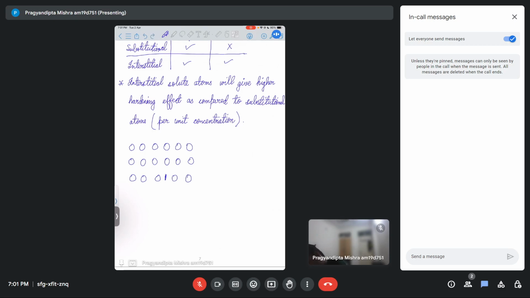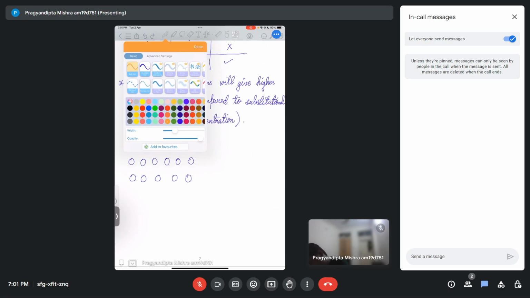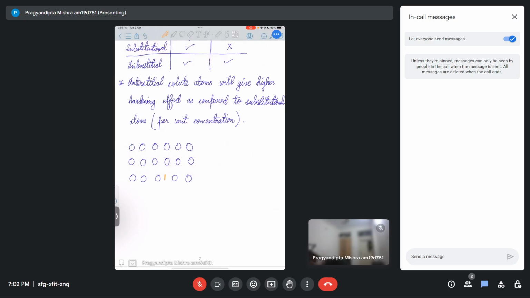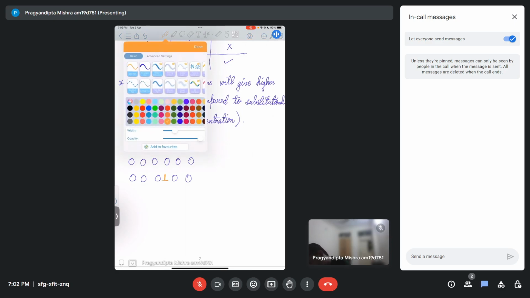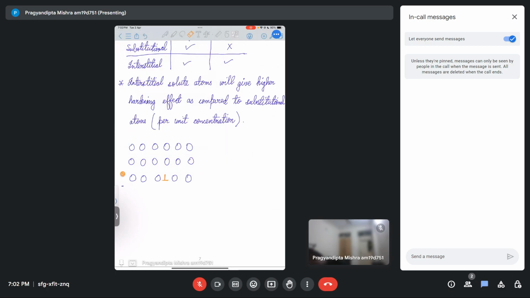Let me use a different pen. Beyond this, all the other layers I also have. So I'm looking at edge dislocation, and we are having a dislocation present here. Now, what is happening in and around the dislocation? If this is my dislocation, what kind of fields will I be seeing?